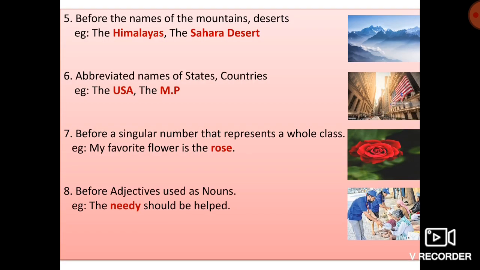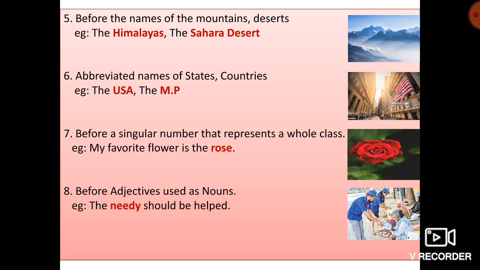Next, the is used before the names of the mountains, deserts, like the Himalayas, the Sahara Desert. Next, it is used for abbreviated names of states, countries, like the USA, the MP.